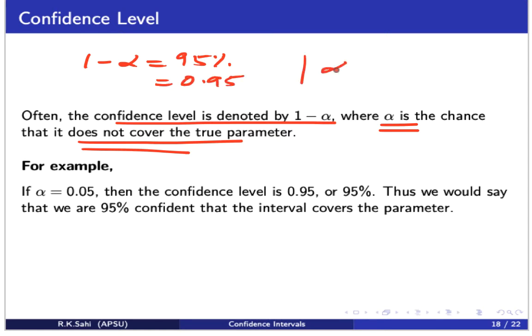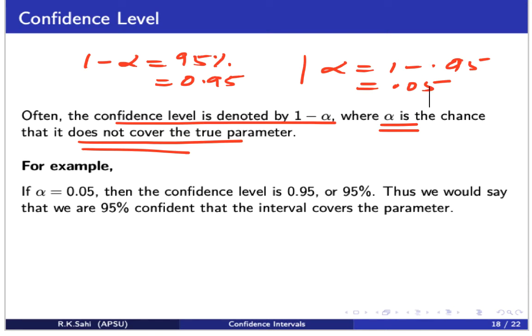So alpha is 1 minus 0.95, which is 0.05. It simply says I'm 5% not okay with this kind of sampling method, but 95% of the time I'm very happy with it. Happy in the sense that the interval will cover the true parameter.